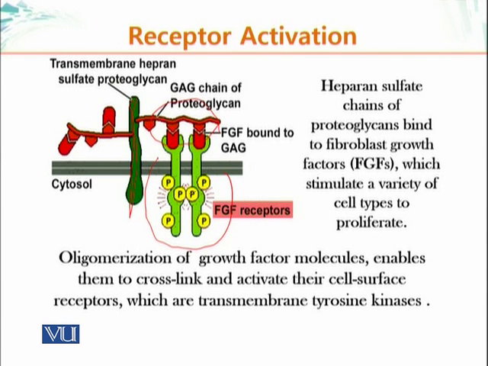We have talked about this cross-phosphorylation and how it serves as a dock for other additional proteins that can relay the signal to the cellular nucleus. So this is one of the roles of GAG molecules: proteoglycans can help cellular signaling.